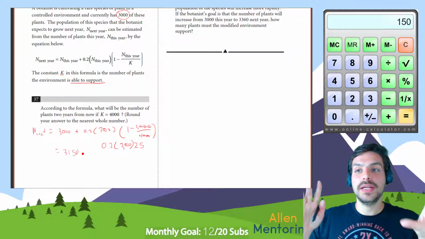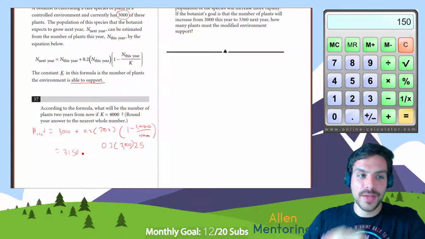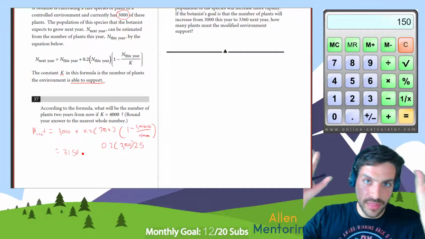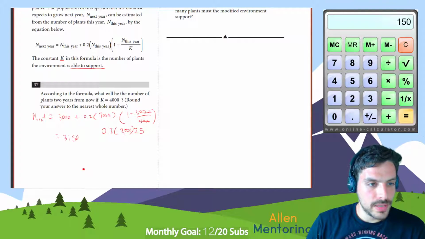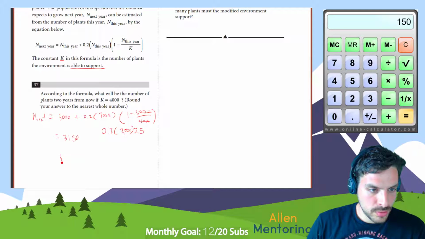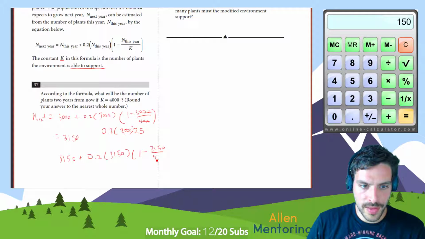So that is going to be next year, right? So now we have to use 3,150, plug that in for this year to find out the year after, okay? So now we're going to use 3,150 plus 0.2 times 3,150 times 1 minus 3,150 over 4,000, right?